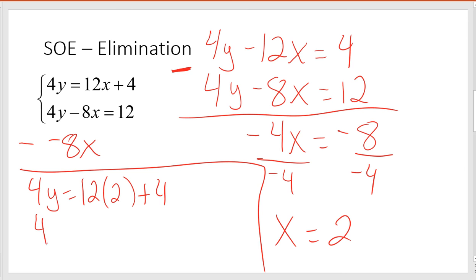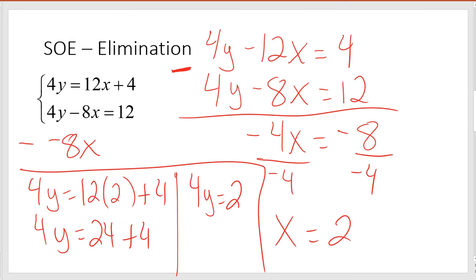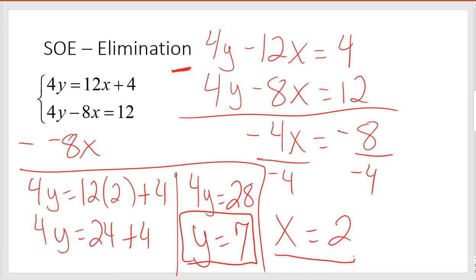So 4y equals 24 plus 4. 4y equals 28, and hopefully you can know that y is equal to 7. 4 times 7 is 28. So there's my x, there's my y, and I can write this as an ordered pair, 2, 7.